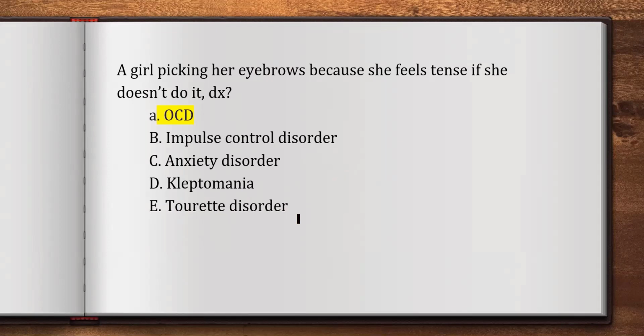And vocal tics means they make some unusual sound. If someone has both motor and vocal tics for more than 6 months, then you can diagnose Tourette disorder.